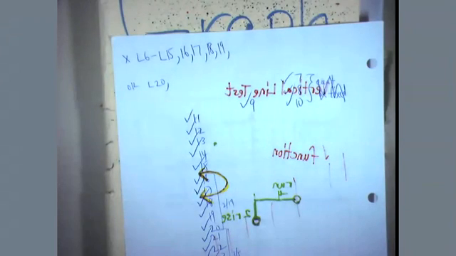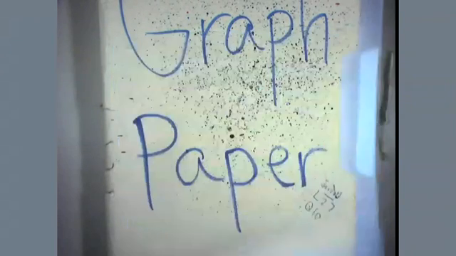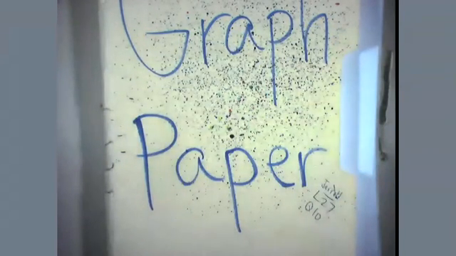Okay, I want to go back and talk with you about, speaking of functions, we'll look at that. Actually, we'll do that now. And then we'll go back to slope in just a minute.